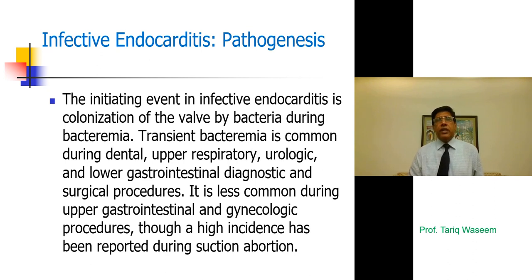So any intervention or procedure which leads to bacteria gaining access to blood, maybe from the oral cavity, maybe IV drugs, or maybe a septic wound. And when they gain access into the circulation, into the blood, it is called bacteremia.